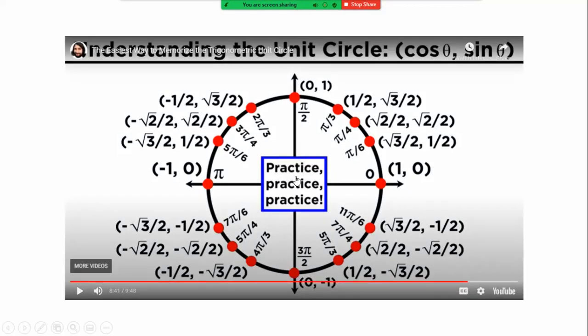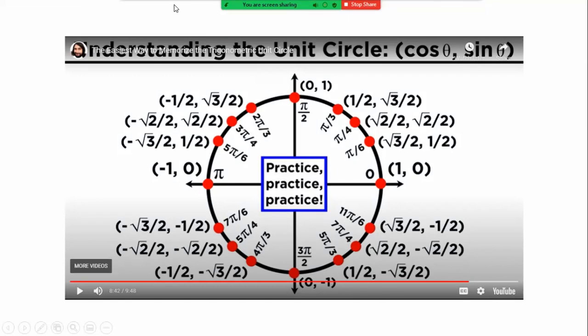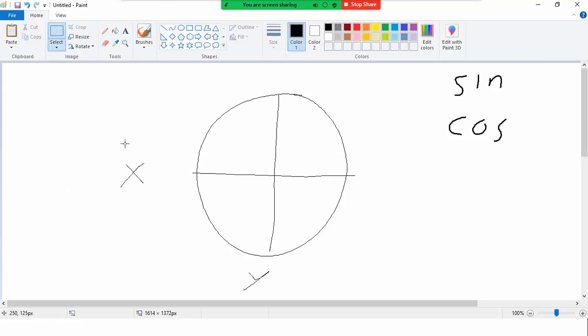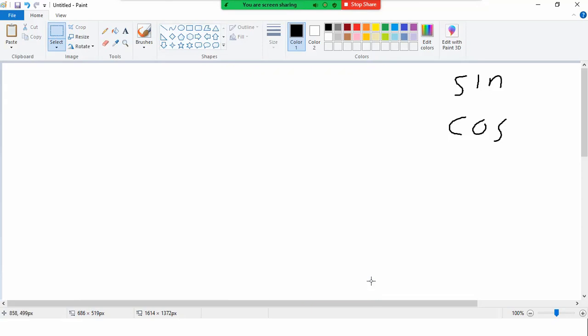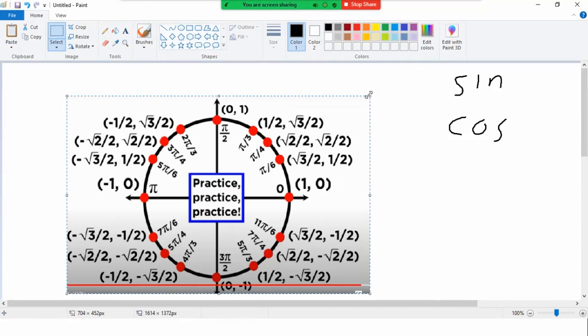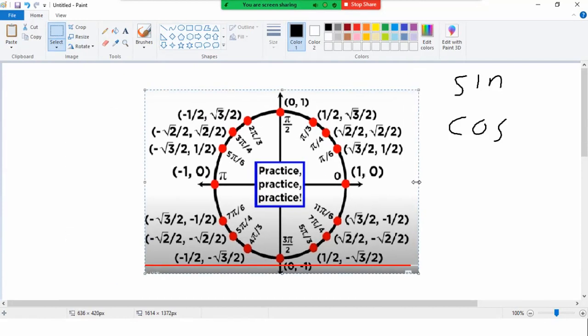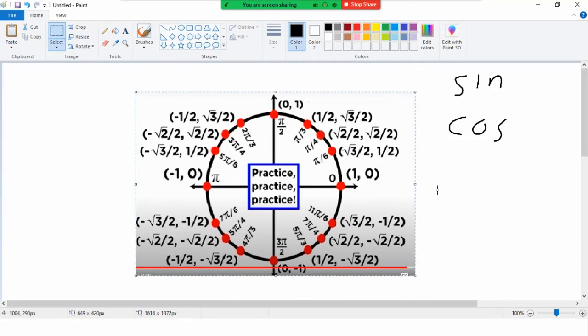I will make this make a little bit more sense, it's more just a matter of practice. Select all of this, delete it. Control V. All right. Let me shrink this down a bit.